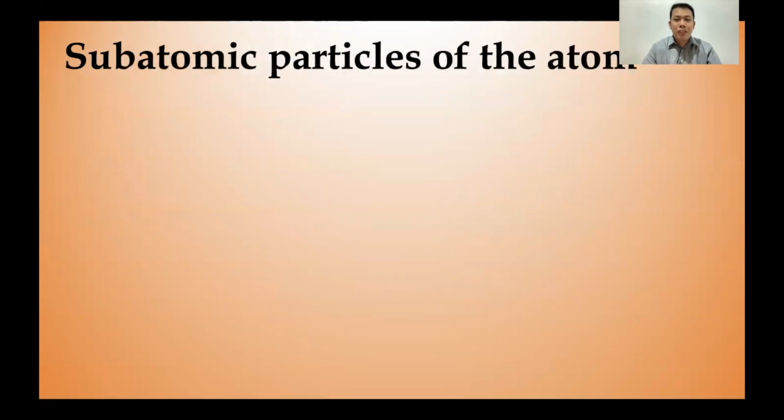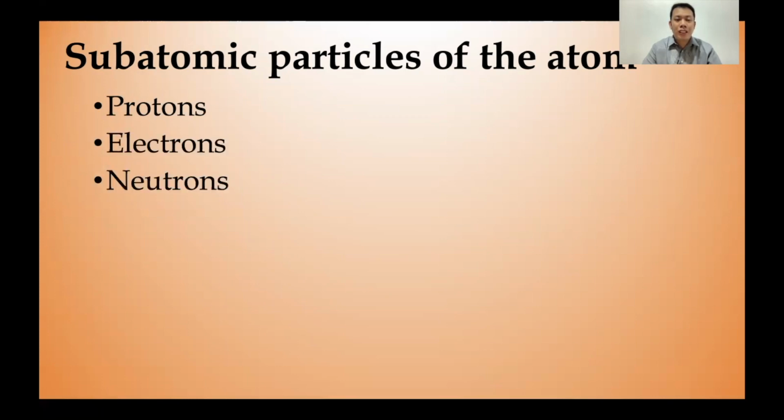So let us now proceed to the subatomic particles of the atom. Well, these are basic, no? Protons, electrons, and neutrons. Perhaps you are wondering why we have to include this. For us to understand what quantum number is, we have to first recall the properties of protons, electrons, and neutrons because these are very essential for us to better understand the content.